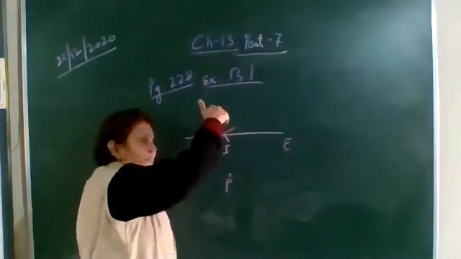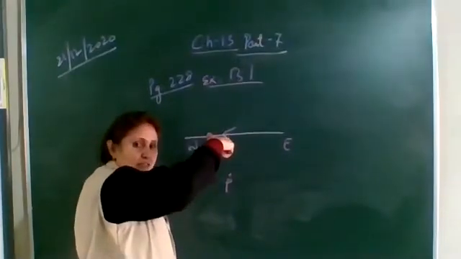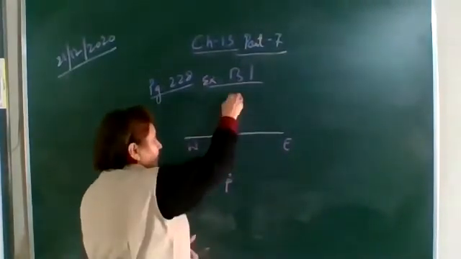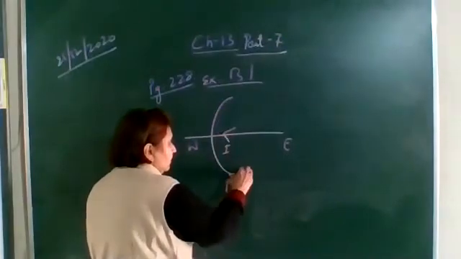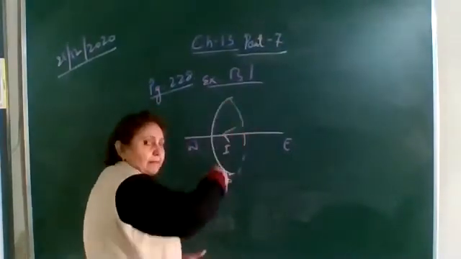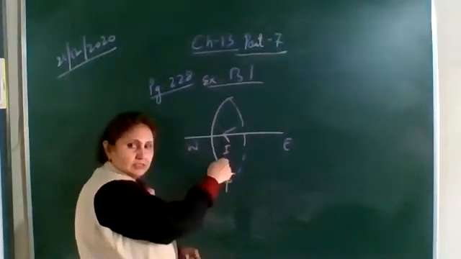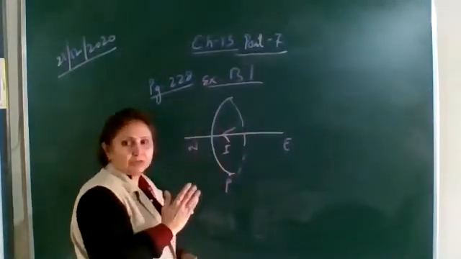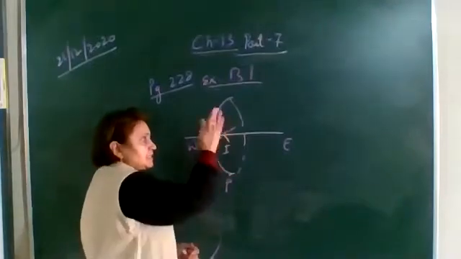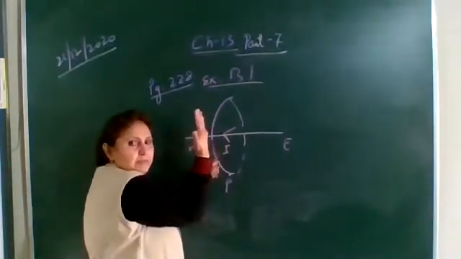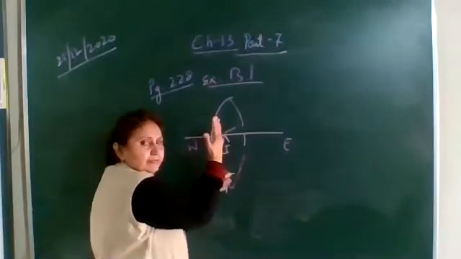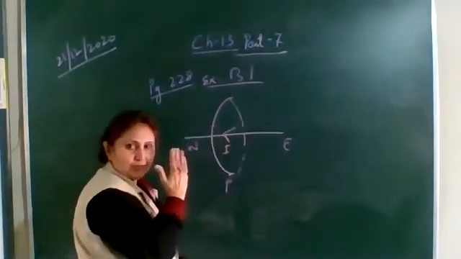So the magnetic field line, which is a circle passing through the point P, is perpendicular to the plane of the wire. The plane of this circle is perpendicular to the plane of the wire.